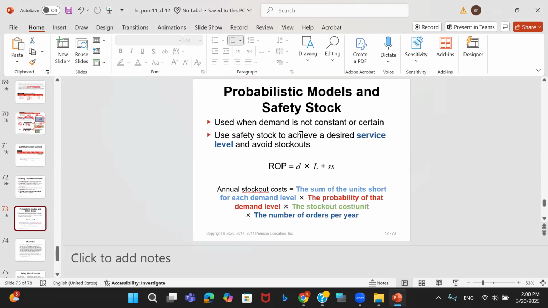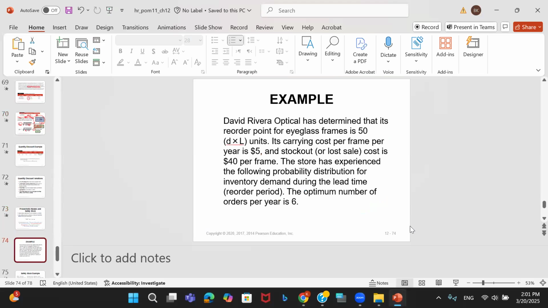There is another method, the probabilistic model with safety stock. ROP is equal to D times L plus SS, where SS is the safety stock. Annual stockout cost is the sum of the units short for each demand level times the probability of that demand level, times the stockout cost and the number of orders per year.